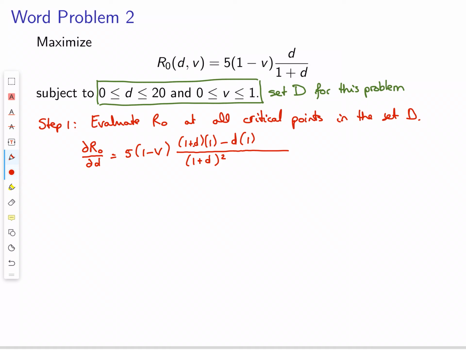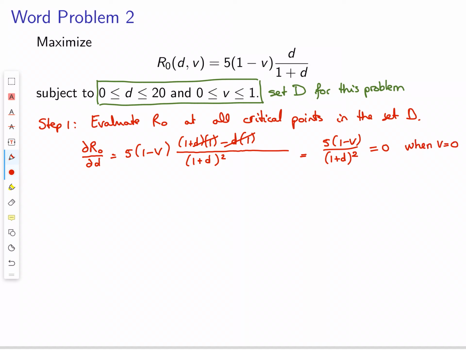Now our d's cancel out in the numerator, and we are left with 5 times 1 minus v over 1 plus d all squared. We set that equal to 0. There's only one way this can be 0, namely when v is equal to 1.